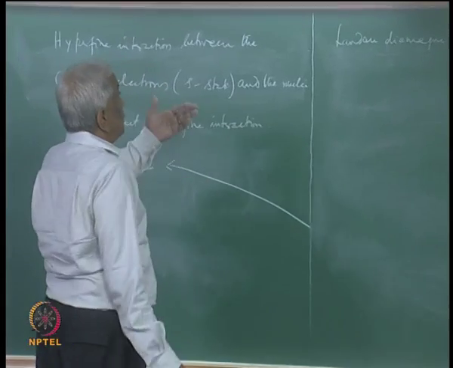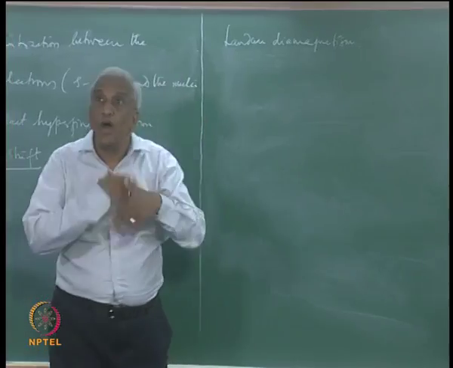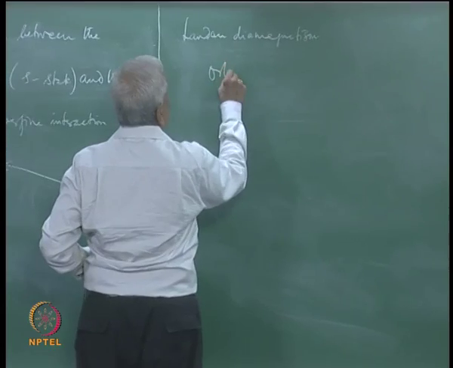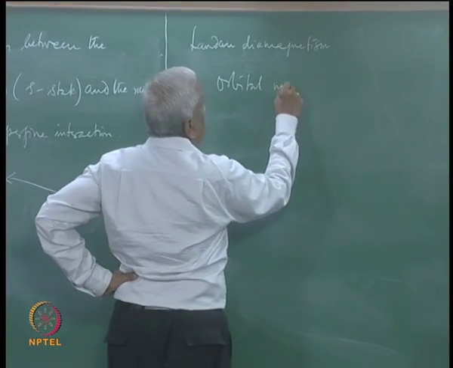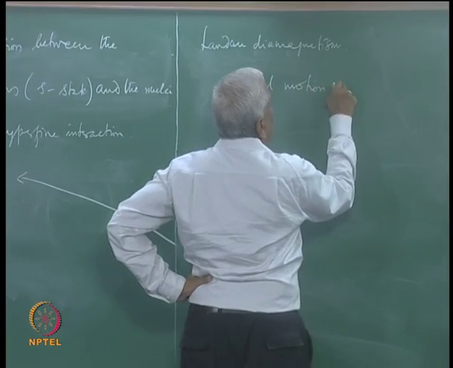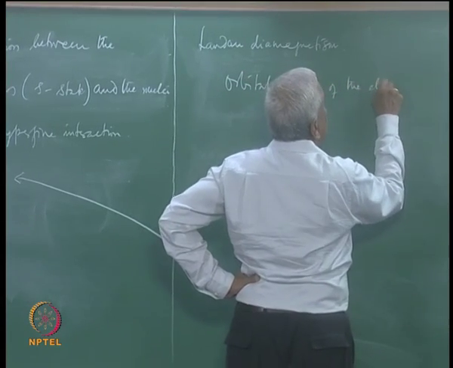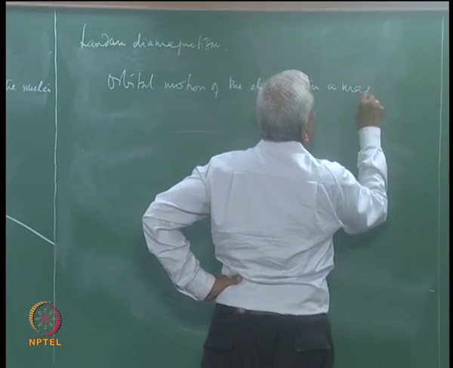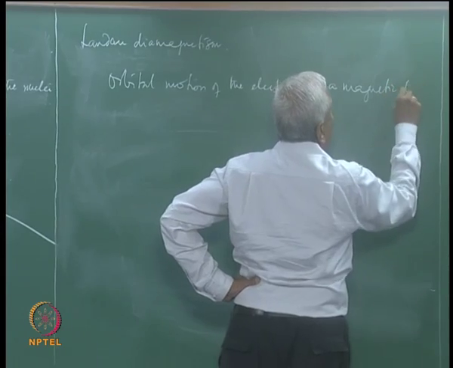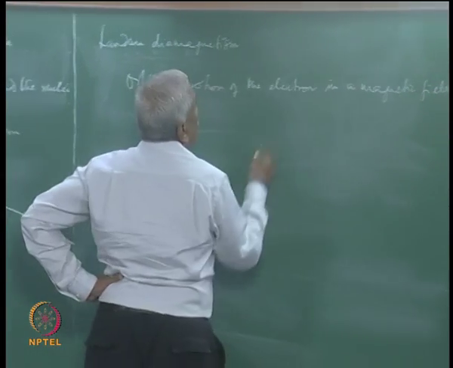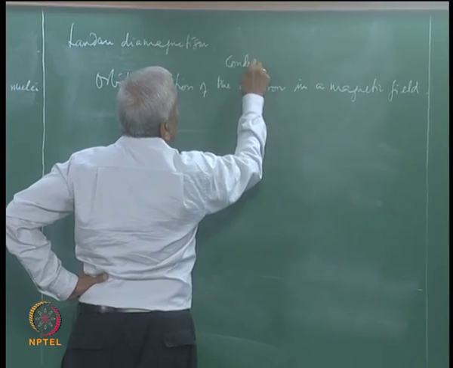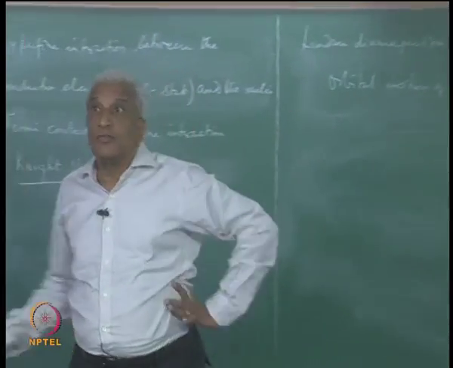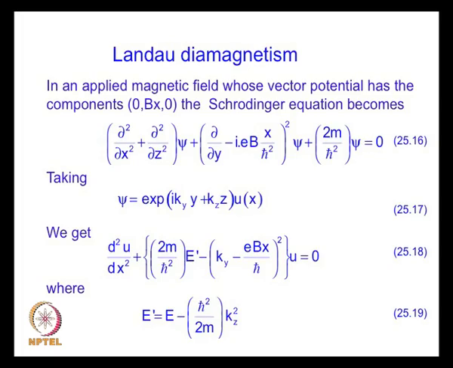This is, as the name implies, due to not the spin angular momentum, but the orbital motion of the electron in a magnetic field. And when we say electron, we mean the conduction electron, not the orbital electrons, but the conduction electron which is free.